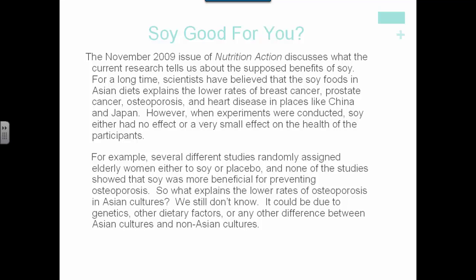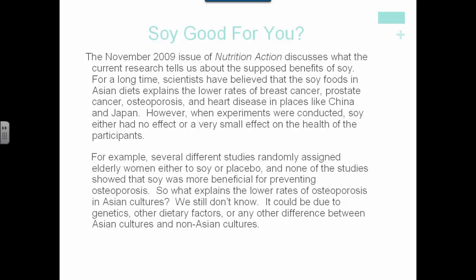The November 2009 issue of Nutrition Action discusses what the current research tells us about the supposed benefits of soy. For a long time, scientists have believed that the soy foods in Asian diets explain the lower rates of types of cancer and heart disease. However, when experiments were conducted, soy had either no effect or a small effect on the health of the participants.